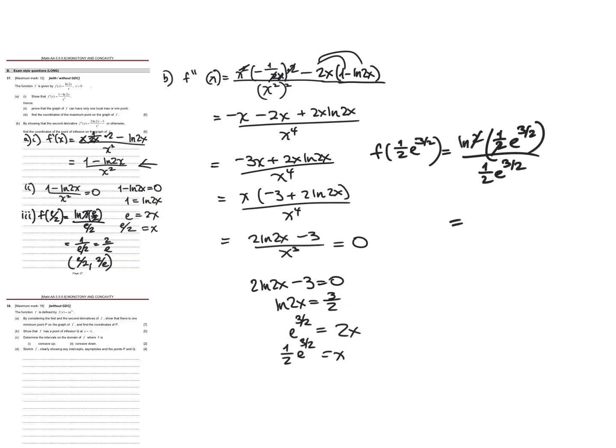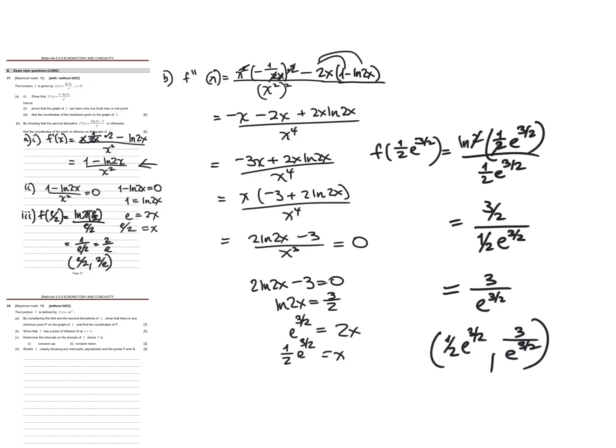So this top bit is going to be 3 over 2 because the natural log, that exponent comes down in front, and then natural log e is 1. And then we have over 1/2 e to the 3 over 2. So we're just going to have 3 over e to the 3 over 2. So that is our point of inflection. We don't have to check that it changes concavity because they tell us it's a point of inflection.